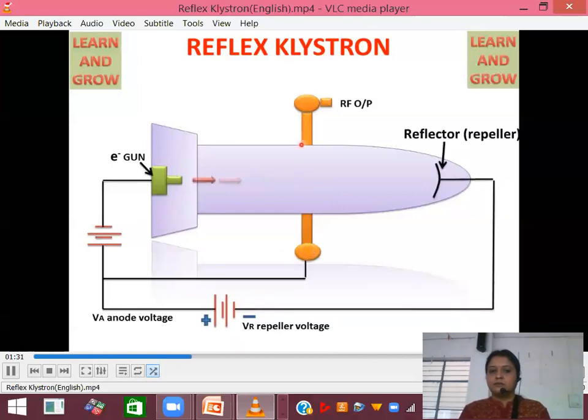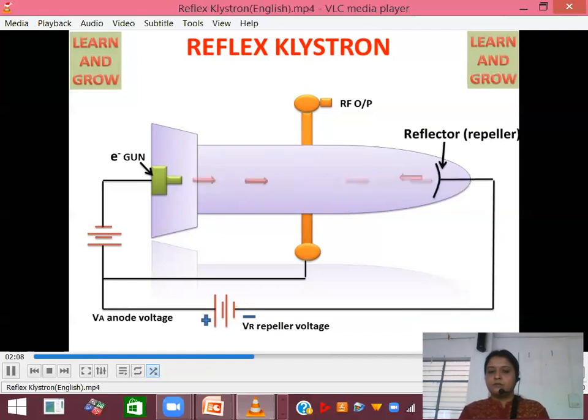Electrons start moving toward the anode, that is, the cavity, but some electrons move ahead to the repeller. But the repeller is connected with a high negative potential, so the repeller repels all the electrons in the backward direction.